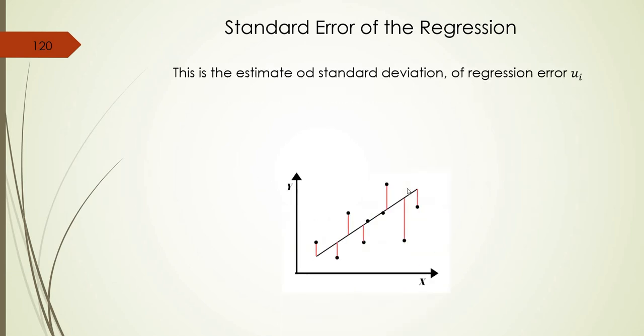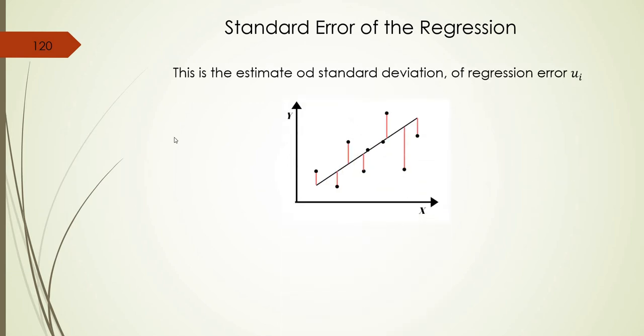The second measure is the standard error of regression. This is the estimate of the standard deviation of the regression error u_i. As we already know, these are our residuals, and we are seeing on average how far they are from our theoretical value. The higher the value of the standard error of regression, the weaker our model.